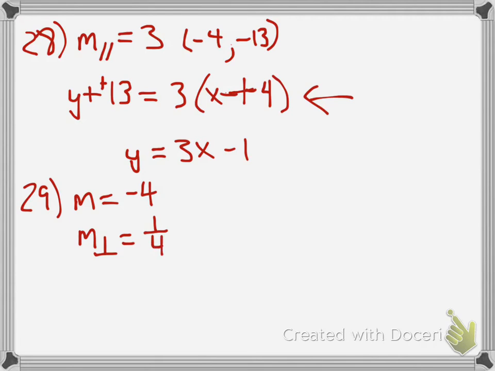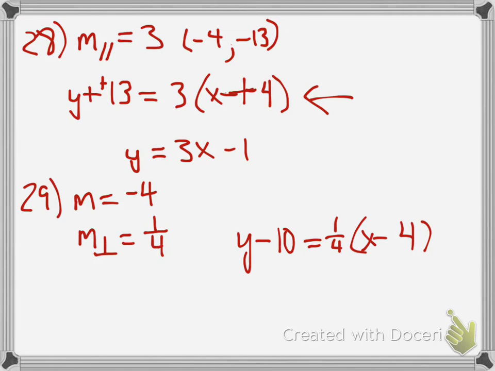On number 29, we're going to use 1/4. If you use the point that they give you, it would be 10 and 4, y with y, x with x, slope in the middle.